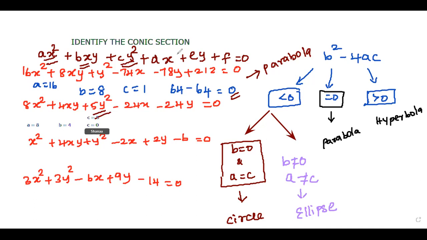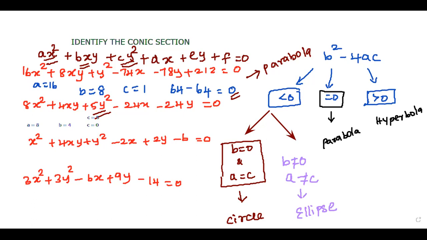Okay, so then if we substitute that, it would be 16 minus 4 times 8 times C, which would be 160.